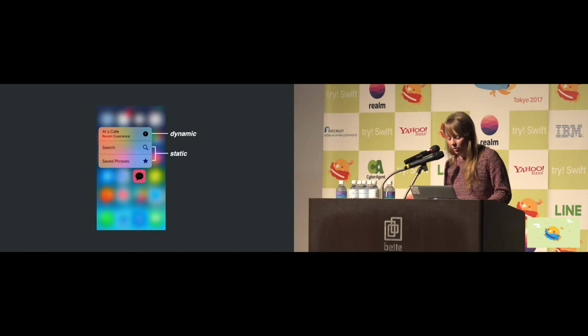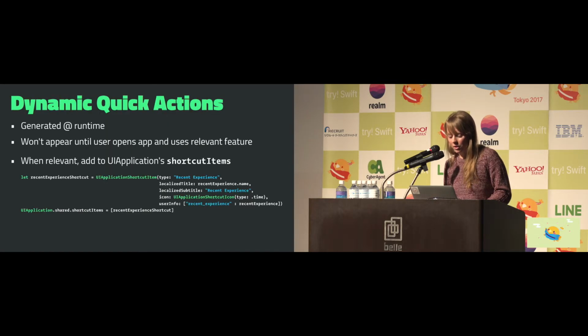So those were static quick actions. Now on to dynamic quick actions. These are registered in your app at runtime. So if the user has never used the feature that generates a dynamic quick action, they won't appear. Dynamic quick actions are defined using the same shortcut item class as static quick actions, but instead of being in the info plist, you'll just define it when it makes sense to store that as a dynamic quick action.